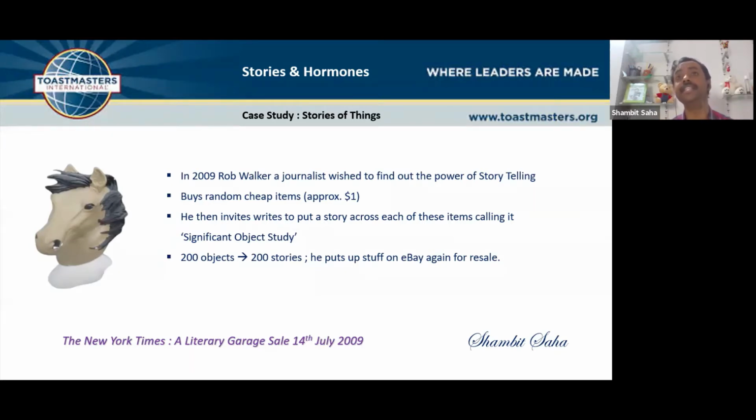He called the study the Significant Object Study. Now he had 200 objects and 200 different stories. And with great anticipation, he put every one of these items on eBay for sale. Guess what happened?